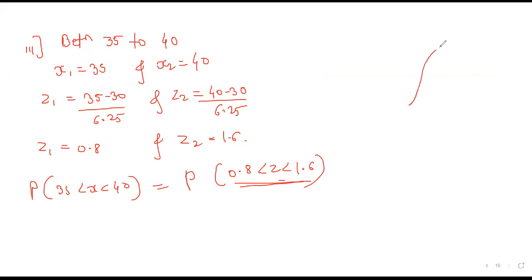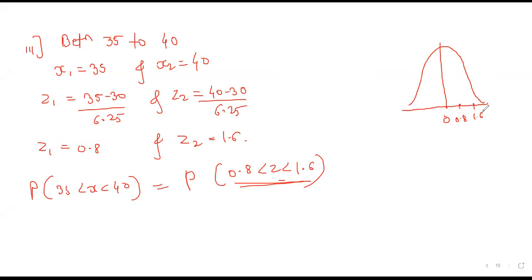So this is the curve. This is z is equal to 0. This is z is equal to 0.8 and here we consider 1.6.